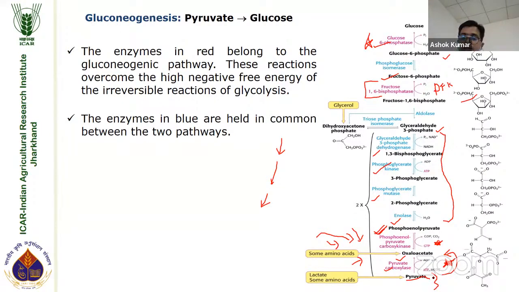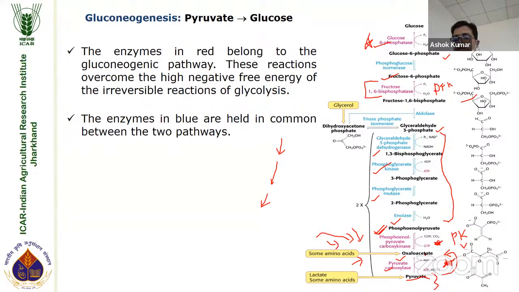And in the last step you have pyruvate kinase in glycolysis, while in gluconeogenesis you have two unique enzymes.